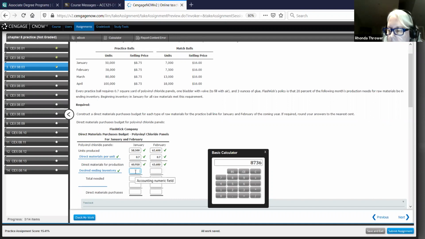Our desired ending inventory is 8736 for the month of January. Again, they told us that we had to go to the following month's production needs, which is February's production needs, and we're going to multiply that by 20% to get this ending inventory amount.